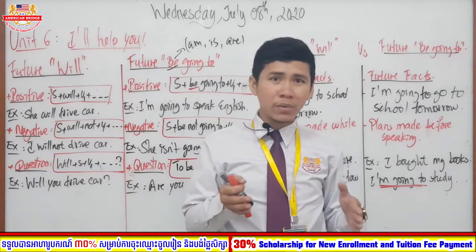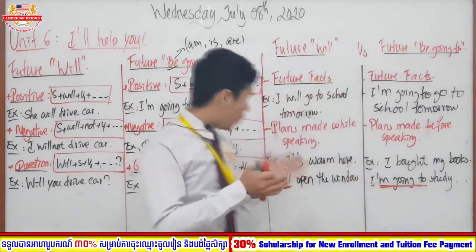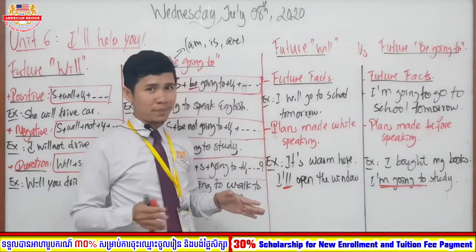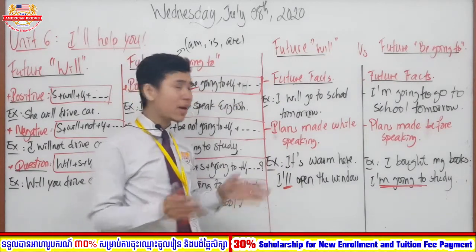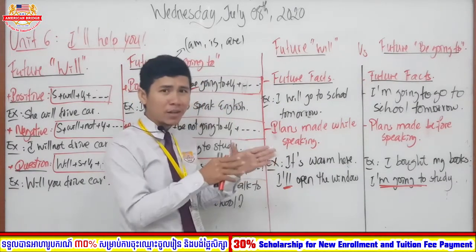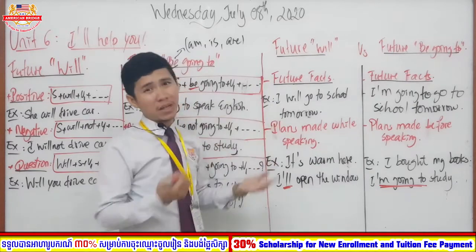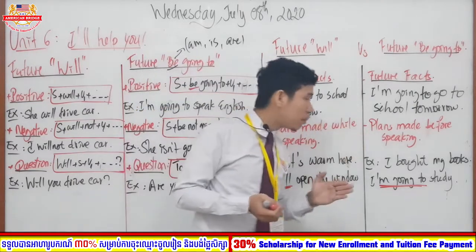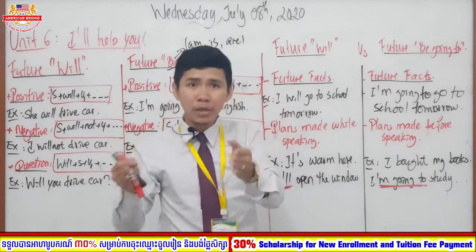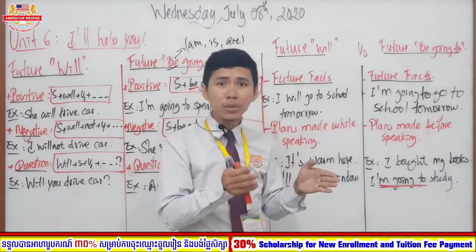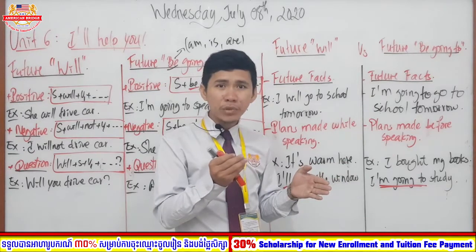So that's why we can say that the first one is made with no thinking. We do not think about any problems or ideas that we want to do in the future, we just speak it out. And the second one, be going to, talks about before you do it, you have already thought about that activity. Do you got it, everyone?